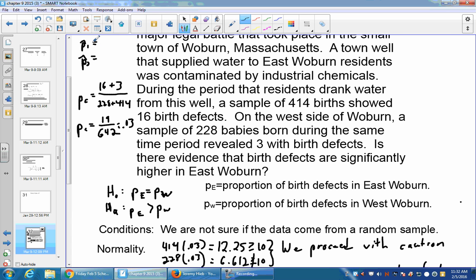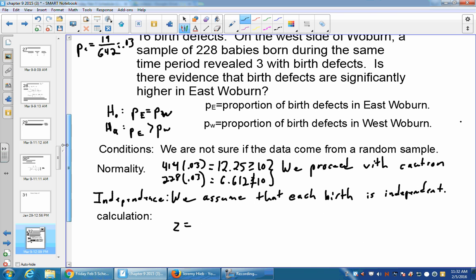All right, and our p hats are, our first p hat is 0.0386, and the other one is 0.0132. All right, so those are our p hats. So now we take those down here and we subtract those p hats. So I have 0.0386 minus 0.0132, all divided by our standard error.